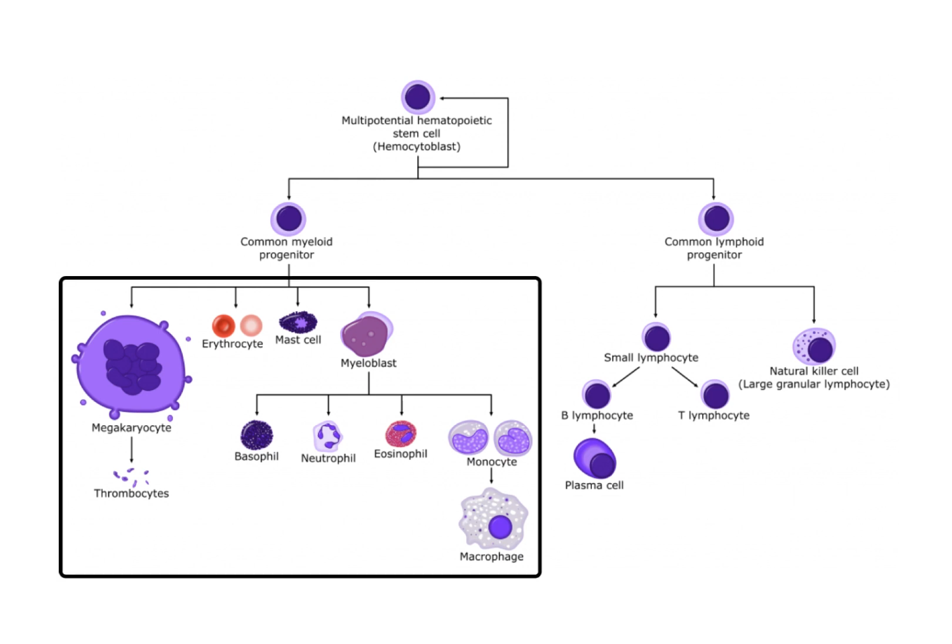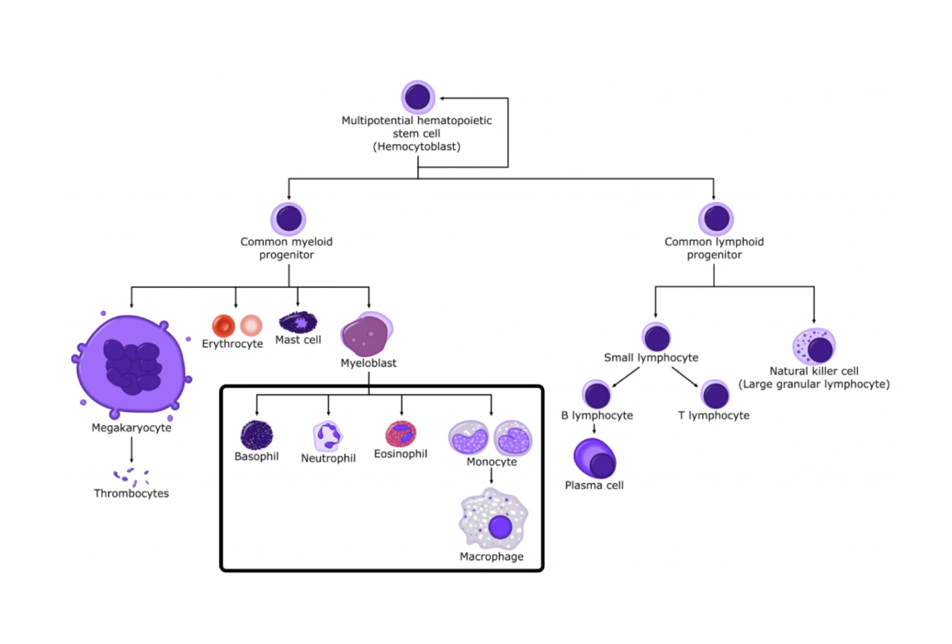Anyway, these can then differentiate into megakaryocytes that form the blood clotting proteins, and then erythrocytes, of course, red blood cells, mast cells, myeloblasts, and these ones here are typical white blood cells.